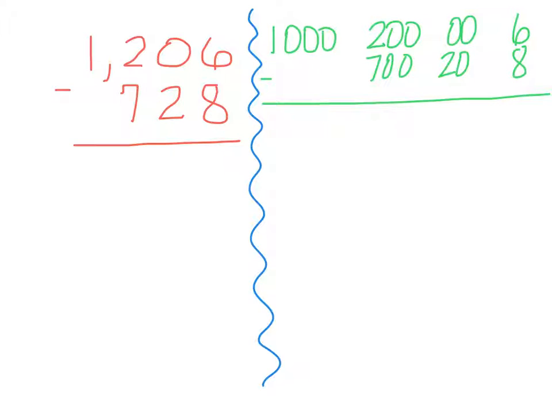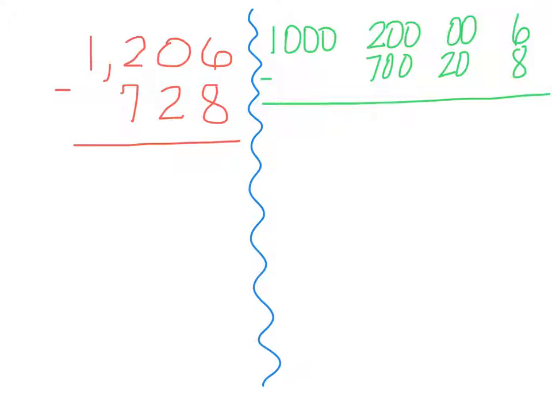You do have to put those zeros in the places where you don't have anything, because they become very important when you're trying to take away and borrow and regroup and all of that stuff.